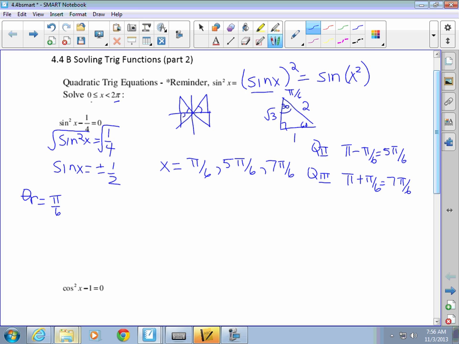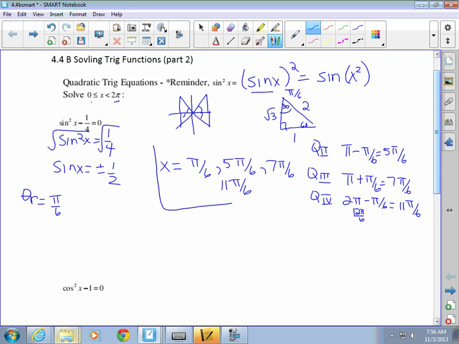And then in the last quadrant, in quadrant 4, I'm taking my 2 pi, but I'm going pi over 6 less than that. So 2 pi, remember, is the same as 12 pi over 6. So that means that this is 11 pi over 6. Oops, I did that a little close there, so I'll put this answer here.